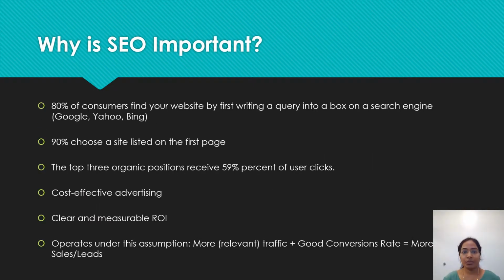Okay, so why is search engine optimization important? If you look at the search engine, 80% of customers usually find the target website by inputting text into the search engine text box in Google, Yahoo, or Bing.